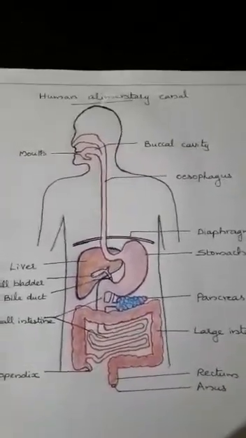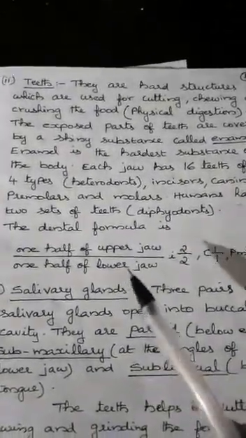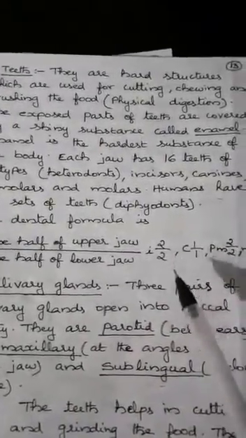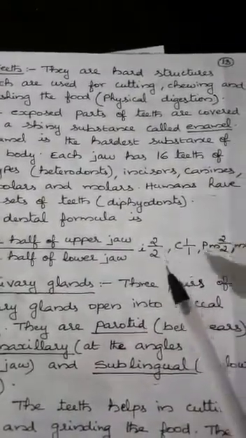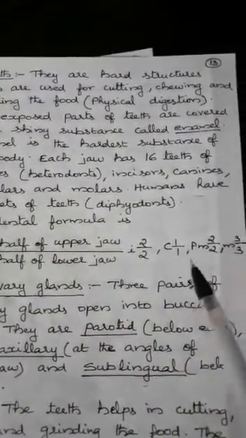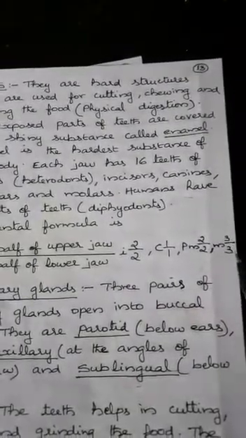The dental formula is: half of the upper jaw by half of the lower jaw, that is incisors 2/2, 2 in the upper and 2 in the lower, canine 1/1, premolars 2/2, molars 3/3.